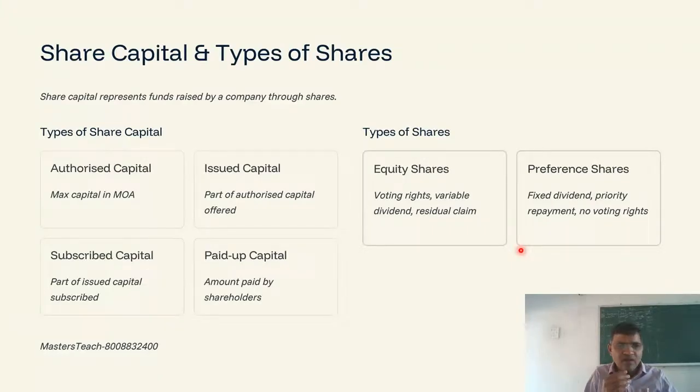Preference shareholders get priority in repayment, but they don't have voting rights, whereas equity shareholders have the right to vote in the annual general meeting. So these are the share capital and types of shares. I hope you're able to understand this.